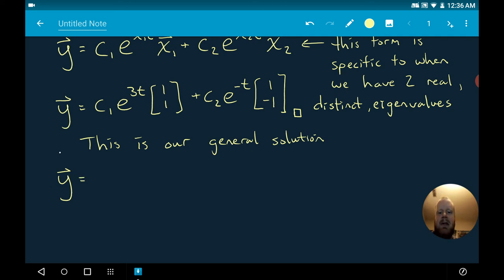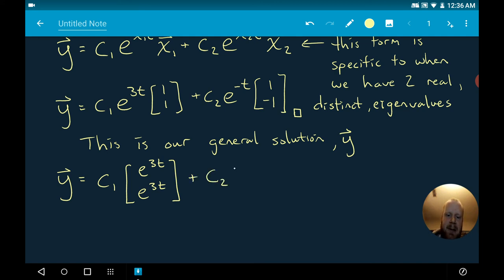So this is, again, still our general solution. This is C1 times (e to the 3t, e to the 3t) plus C2 times (e to the negative t, negative e to the negative t).